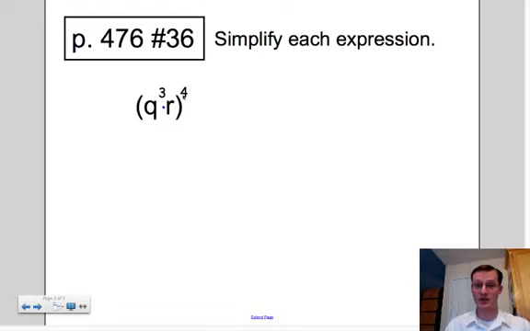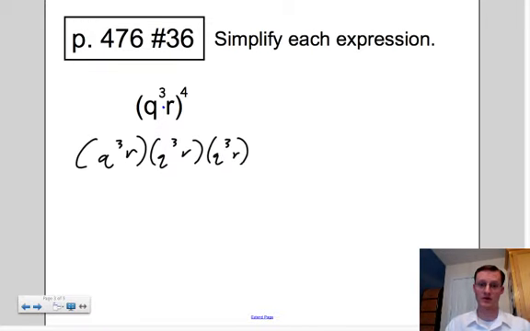Now we have two options. We can either make Xerox copies, so we can say q to the third r, q to the third r, q to the third r, q to the third r. We can make 4 exact copies. Very simple, very easy. So that's 3, 6, 9, 12 q's, and 1, 2, 3, 4 r's.